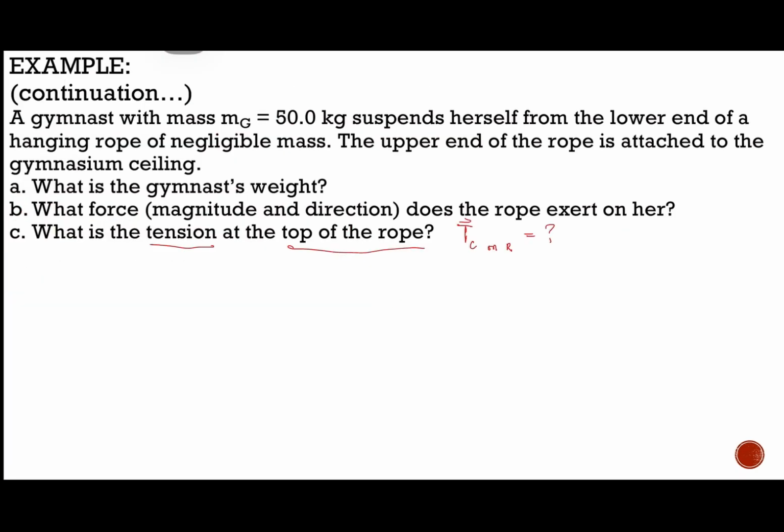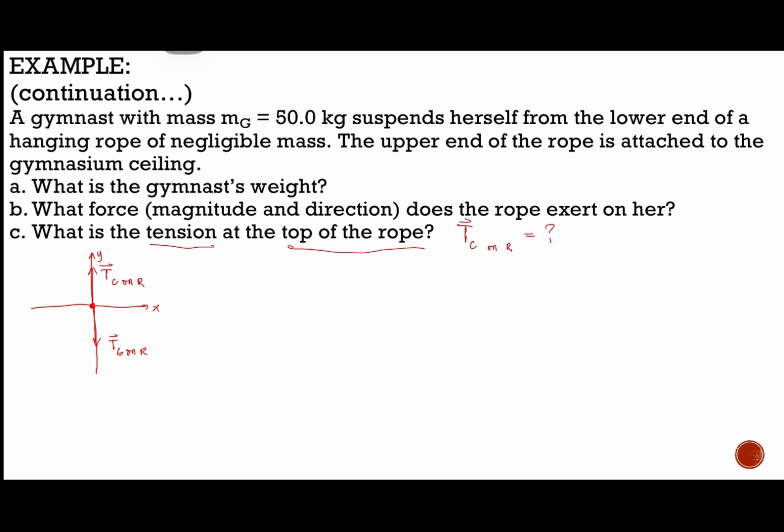Let's go back. If we redraw the free body diagram for the rope, this is our rope. Along the positive y-axis is the tension force that the ceiling exerts on the rope. And along the negative y-axis, we have the tension force that the gymnast exerts on the rope.